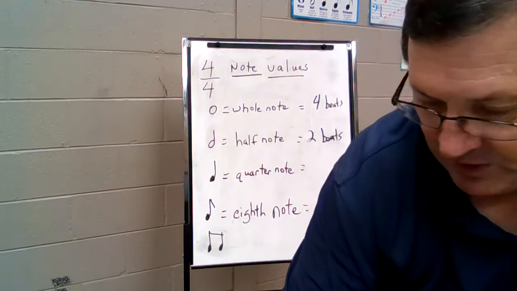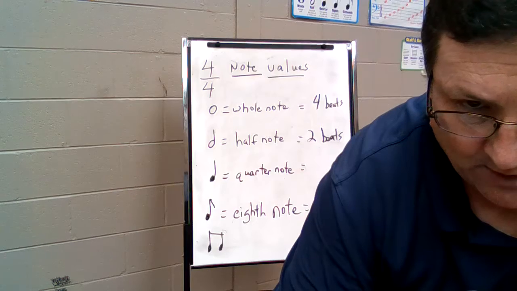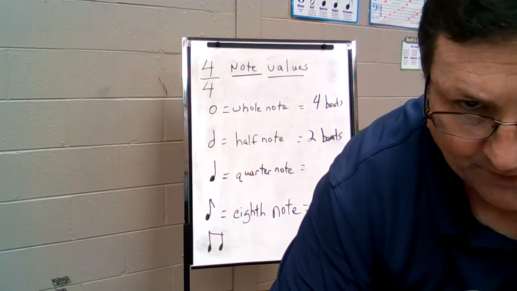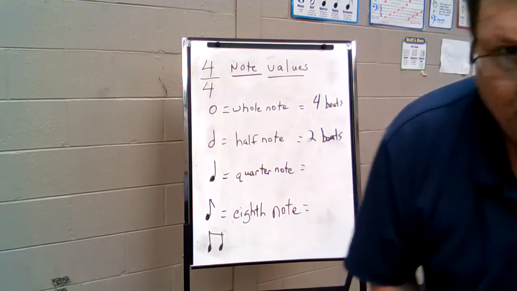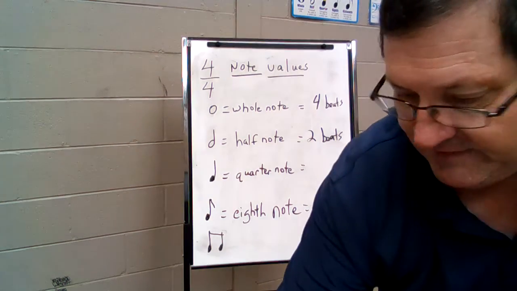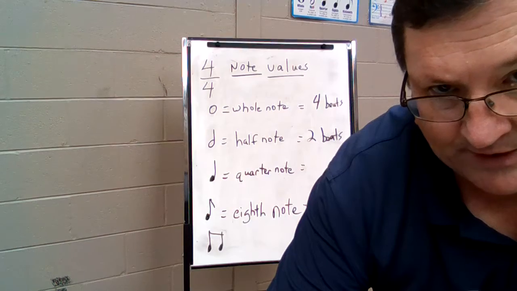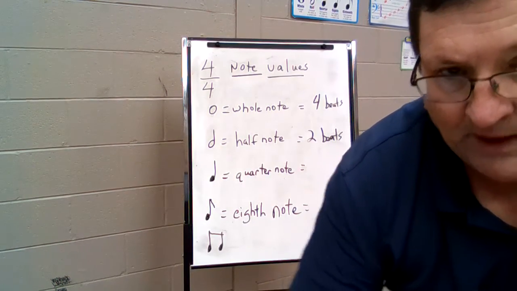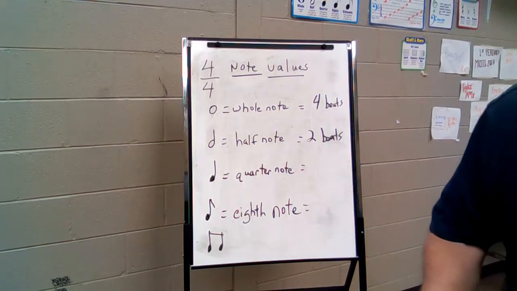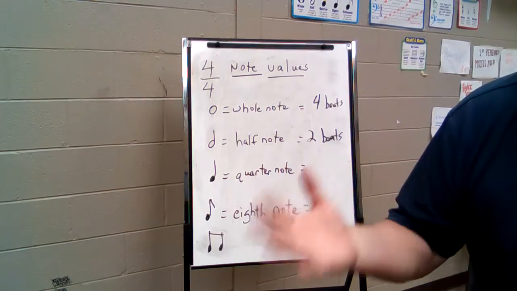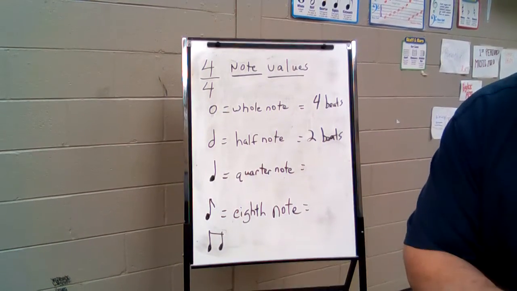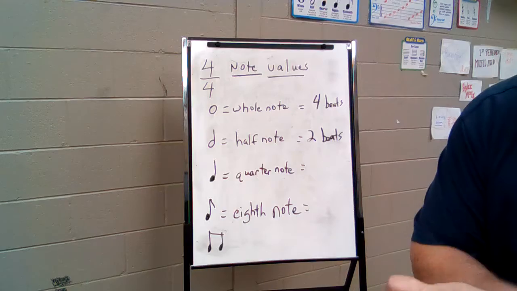Let me go ahead and play that for you on the piano. 1, 2, 3, 4. That's how you would play it. And if you wanted to do 2 measures of half notes, you could do 1, 2, 3, 4. 1, 2, 3, 4. And that's how we do it. Or if we would speak it, we go ta, ta. So that would be your half note, and it gets 2 beats.